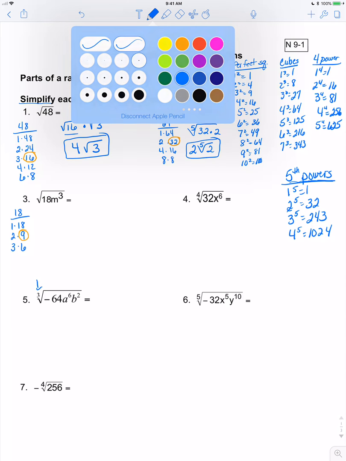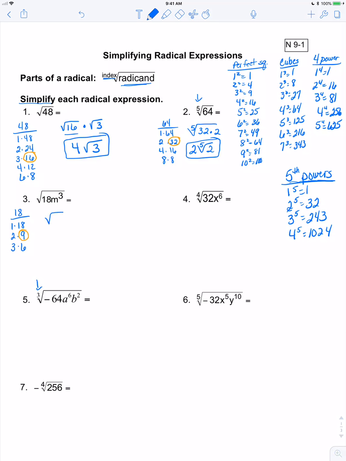So we can rewrite that as the square root of 9 times 2 times m to the 3rd power. Okay, so we'll deal with that m here in just a minute, but the square root of 9 is 3, and we're left with that square root of 2. Now remember, m cubed means m times m times m.